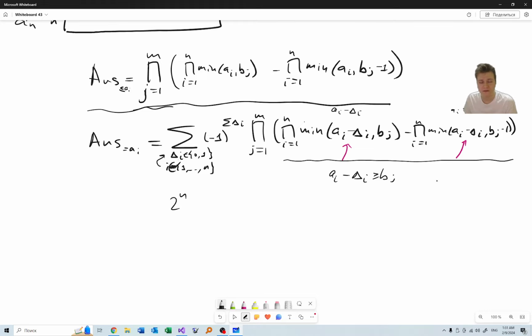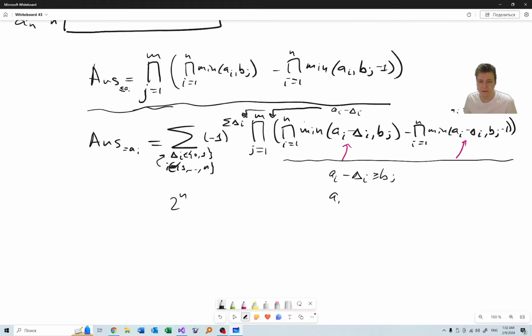If we can eliminate it from both products, then we can put it out of this product, and actually after that we can put it out of this product. So this is somehow simplified.